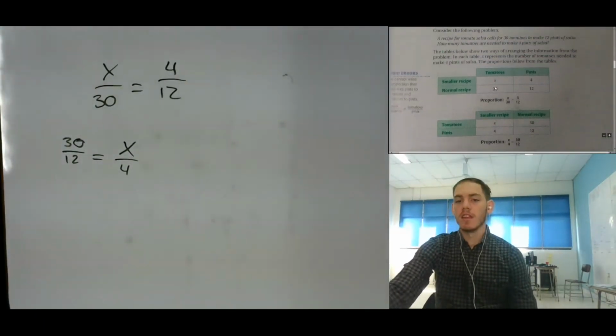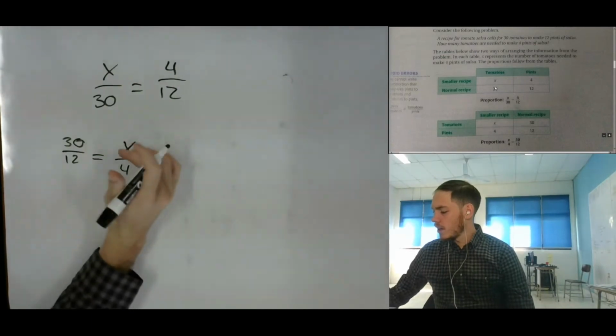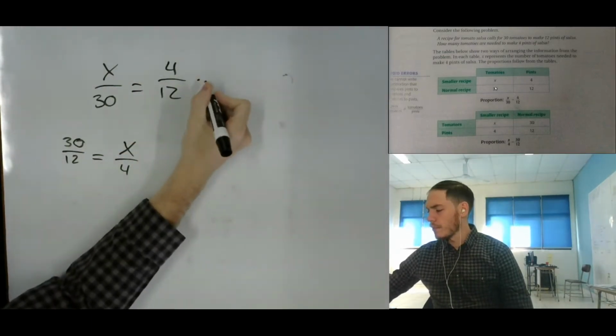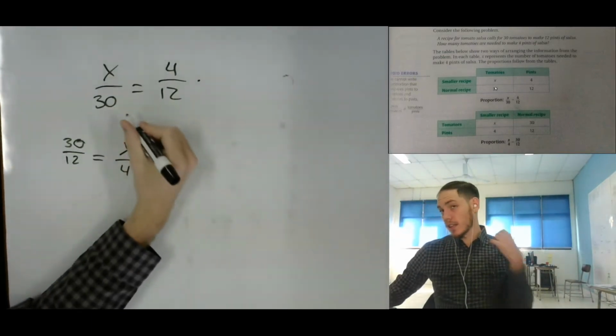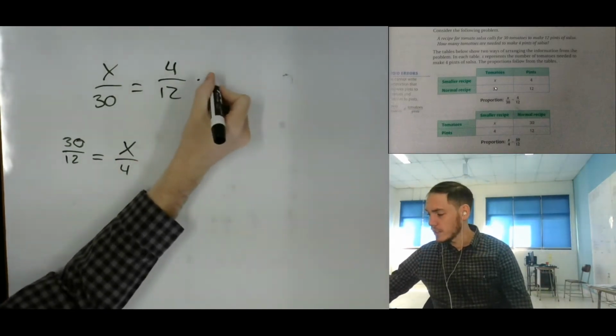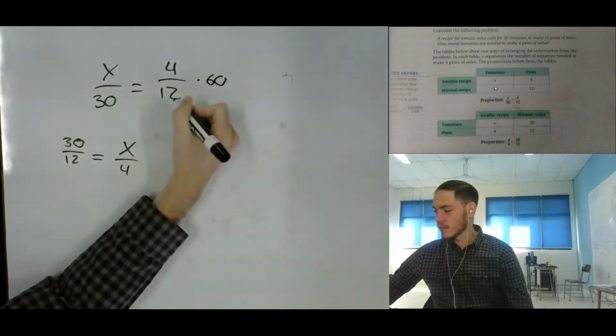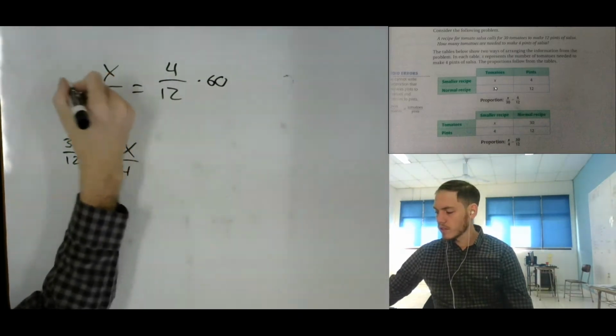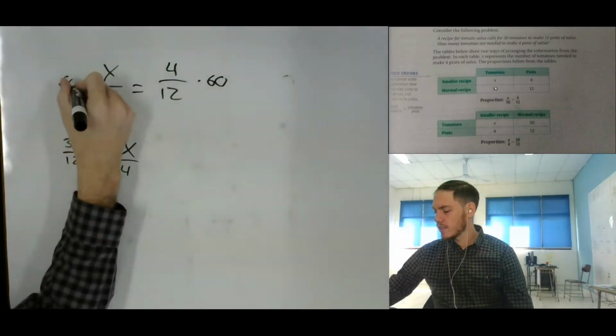Okay? So, in this one, we multiply both sides. What's the least common denominator between 30 and 12? It's actually going to be 60, because it's 5 times 12. So 60.